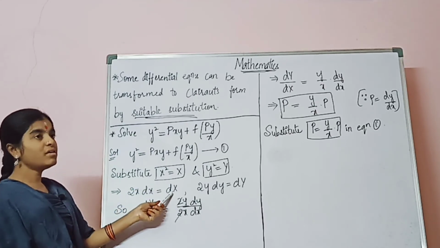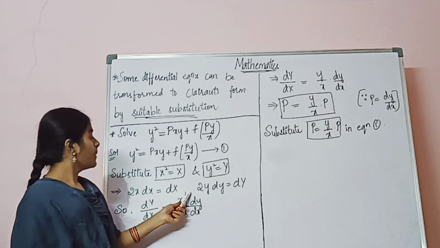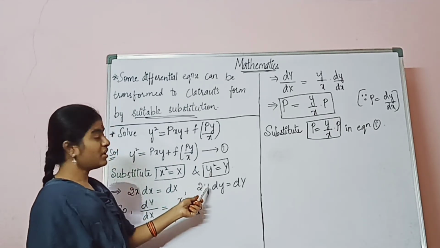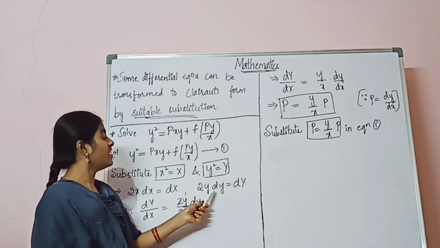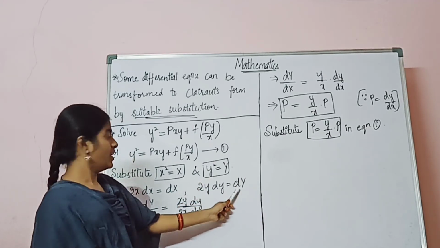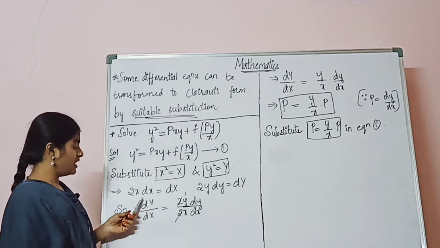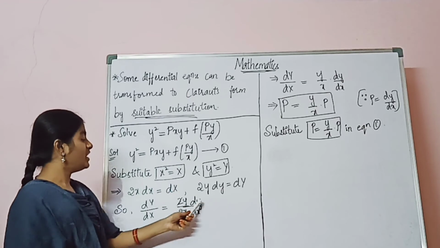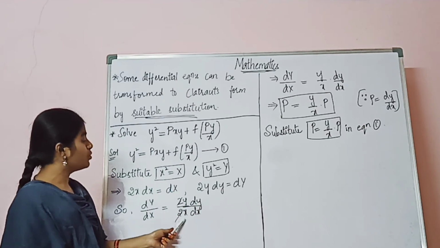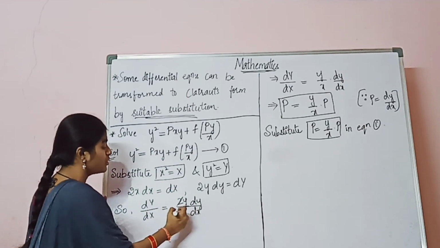Differentiation of y square, 2y dy equals dY. So now dY by dX equals 2y dy by 2x dx. So now both 2's are cancelled.